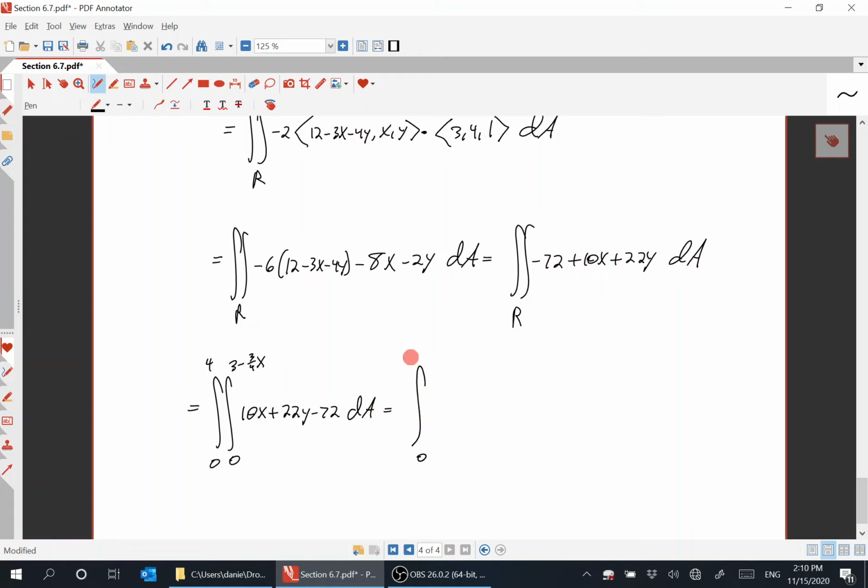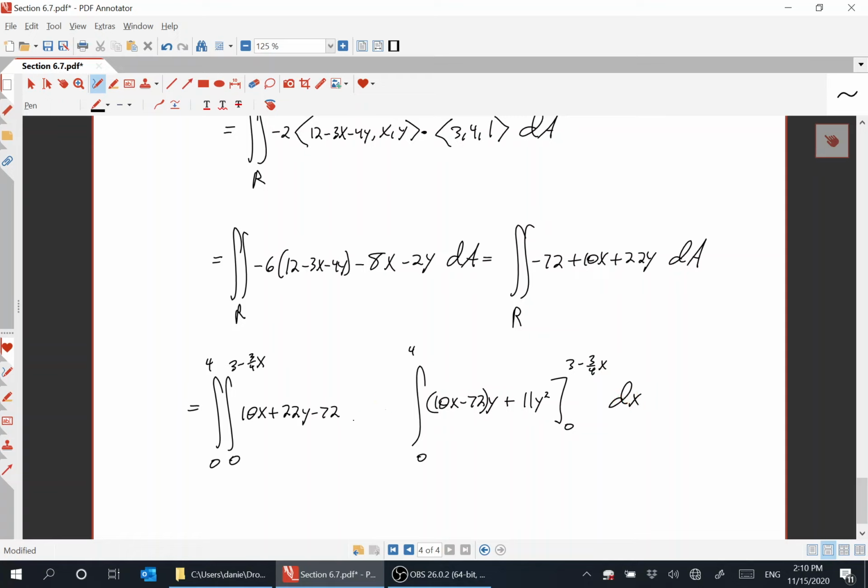So the antiderivative with respect to y, we have 10x y minus 72y plus 11y squared from 0 to 3 minus 3/4 x, dx.